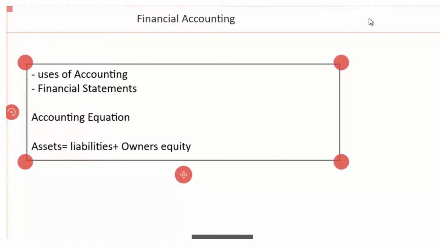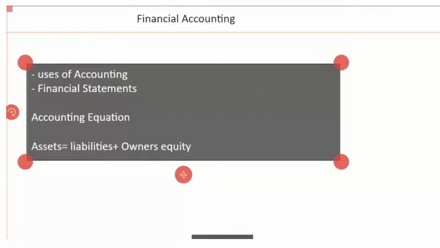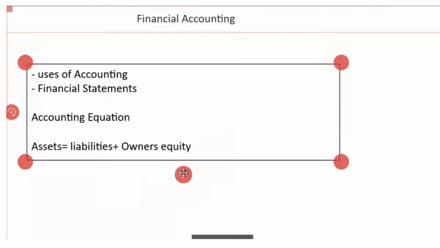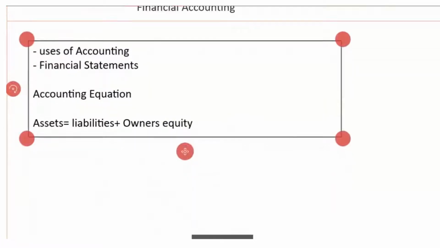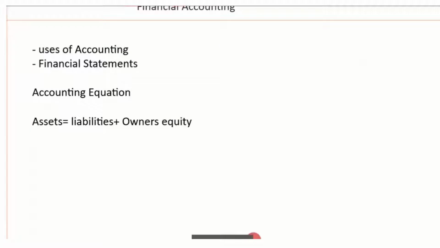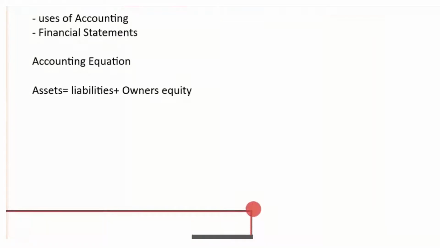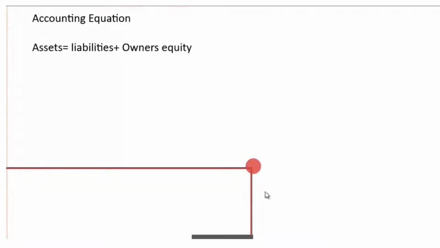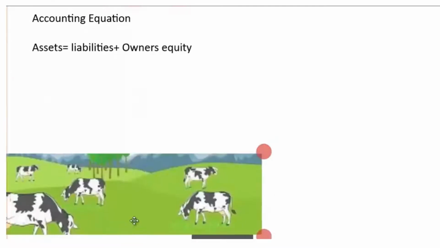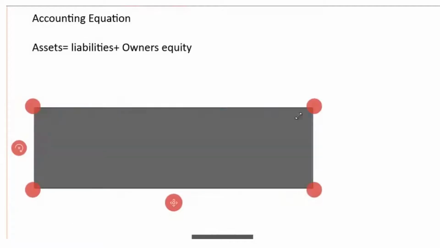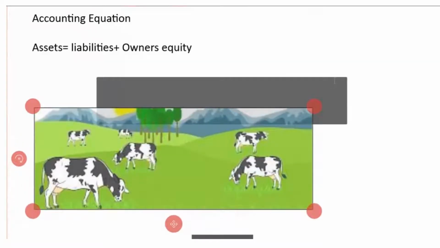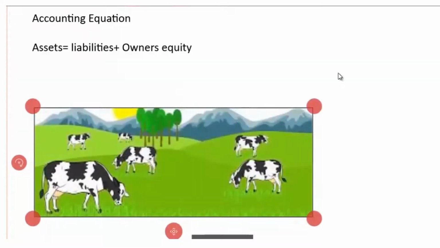Alright, so we have a scenario to bring out what the accounting equation is. We have a farmer, because back in the day before accounting was popular, there were farmers and persons who just wanted to sell their goods or whatever they had.